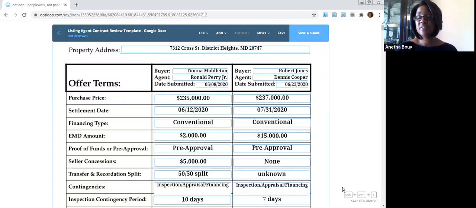So although that higher amount looks attractive, you want to make them aware that if it does not appraise for the sales price, then the buyer is going to come back with an amendment to the offer. Anything else anybody can help me out with?